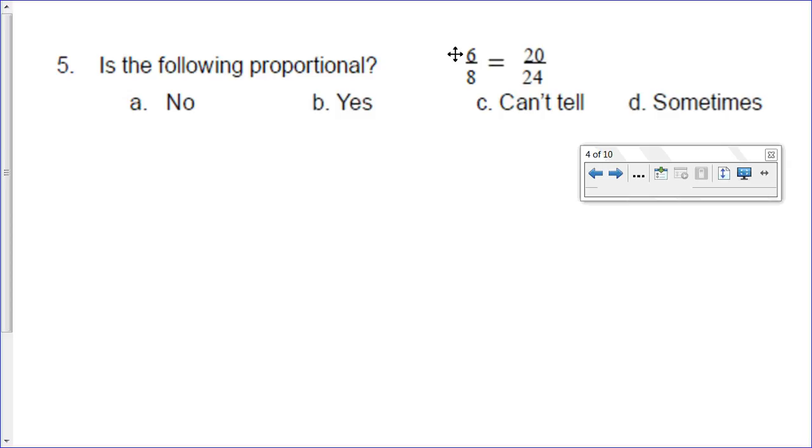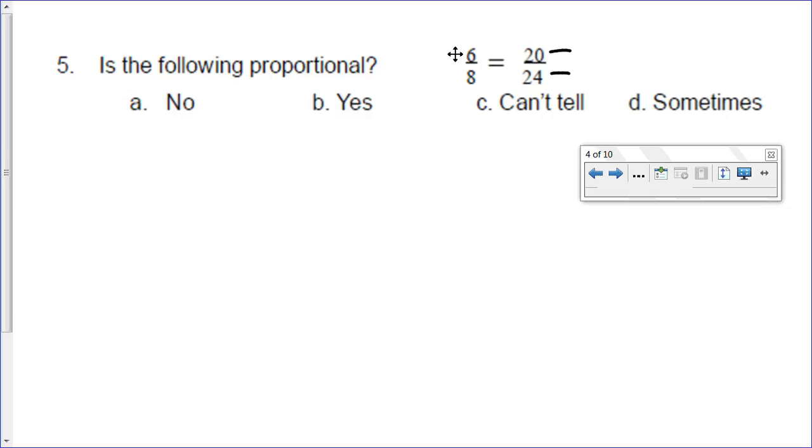Can you multiply 6 by 3, and will that give you 20? Actually, no, it will not. So they are not proportional. You can also divide. If you could find the same number that you could divide both 20 and 24 by, and that would reduce down to 6 over 8, they would be proportional. But you can stare at that number for a long time and you're not going to come up with anything.